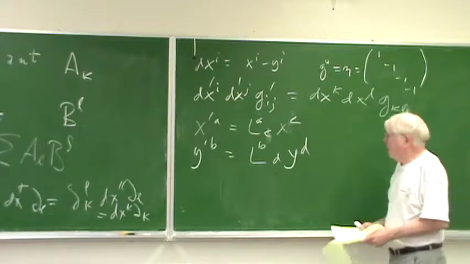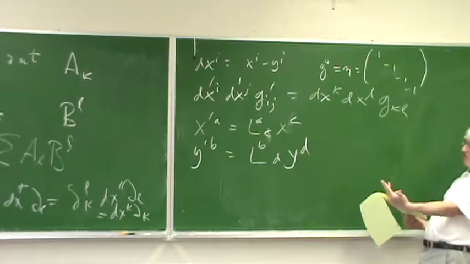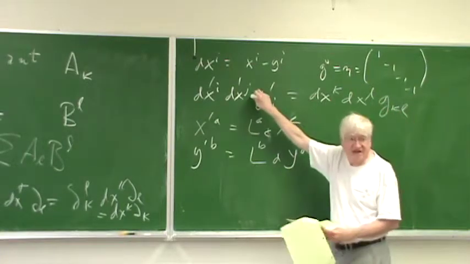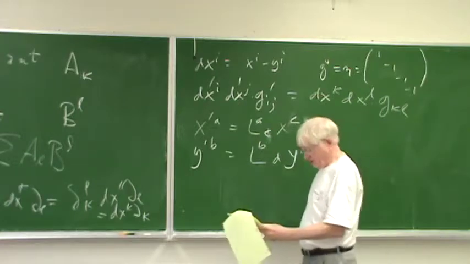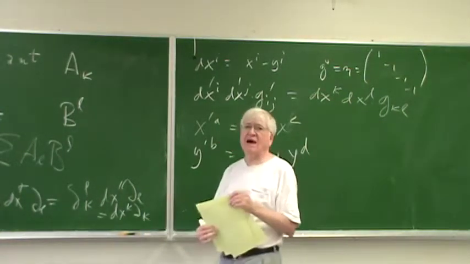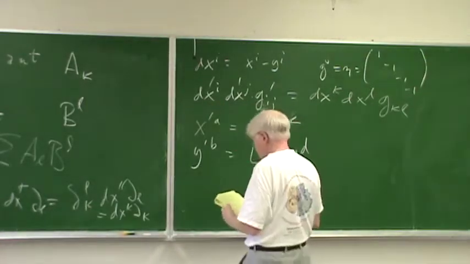And now, what are the linear transformations of space and time that keep this thing invariant? Well, and this will illustrate also how up and down indices and so forth are related.